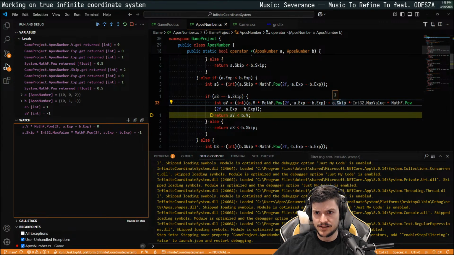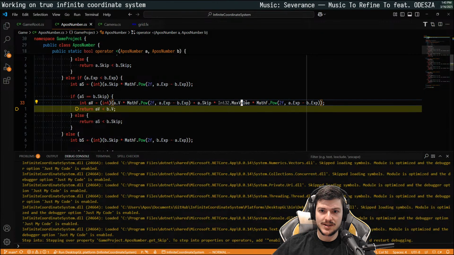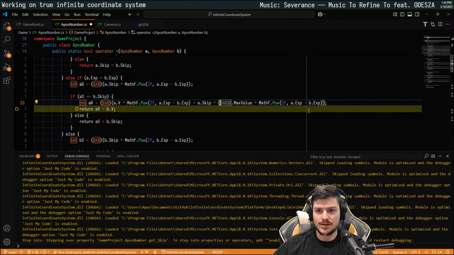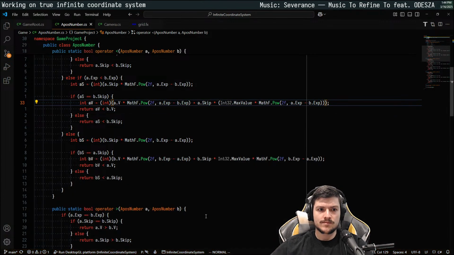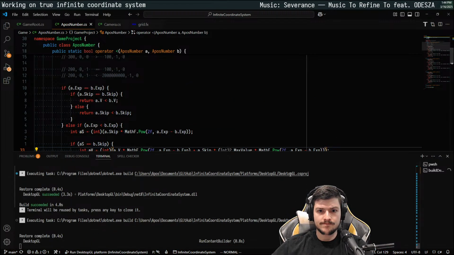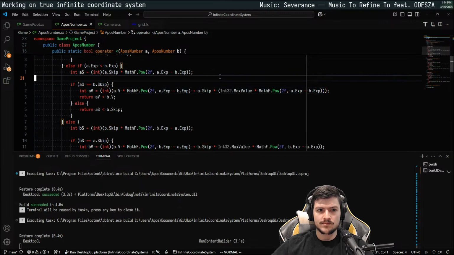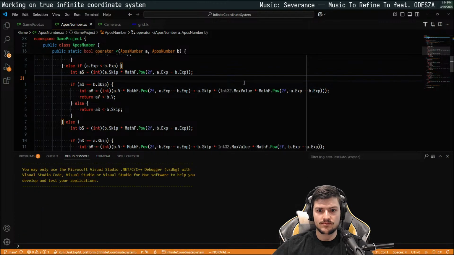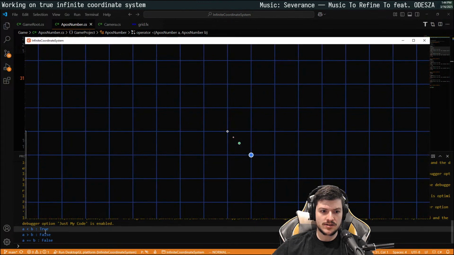A skip is 2 times... Oh, did I... I need parentheses, right? To multiply this first. Otherwise, I'm probably overflowing. I'll have to do the same thing elsewhere.